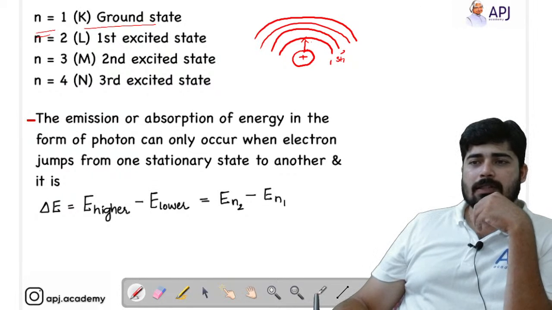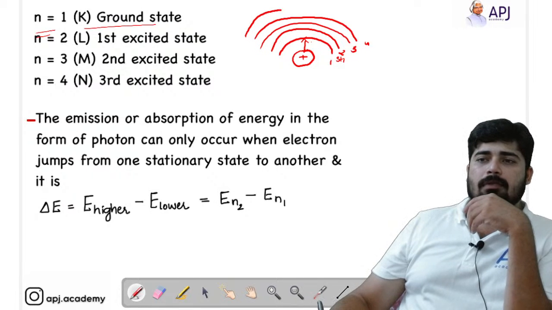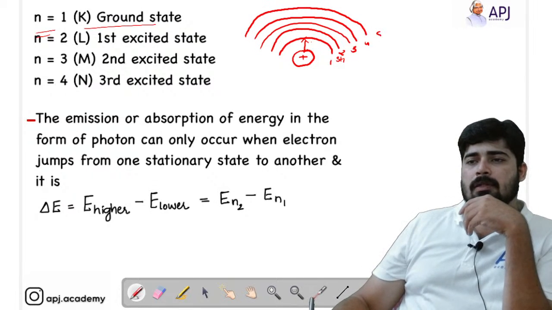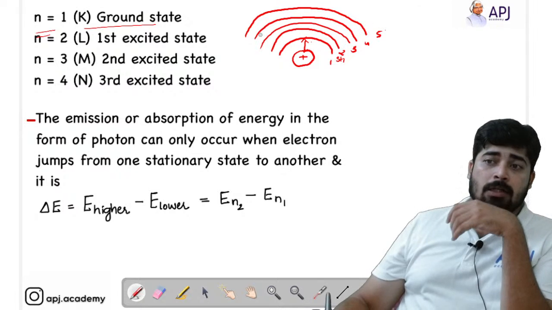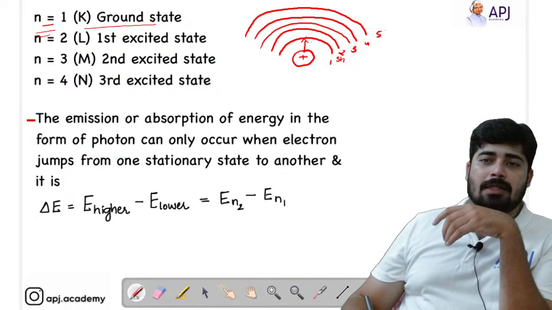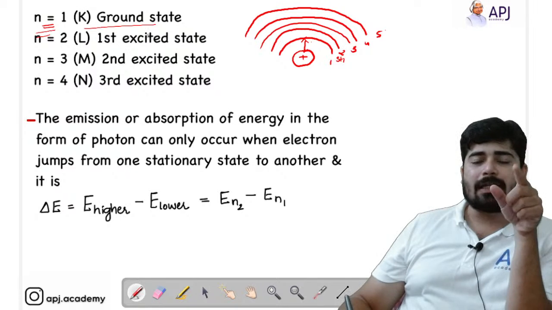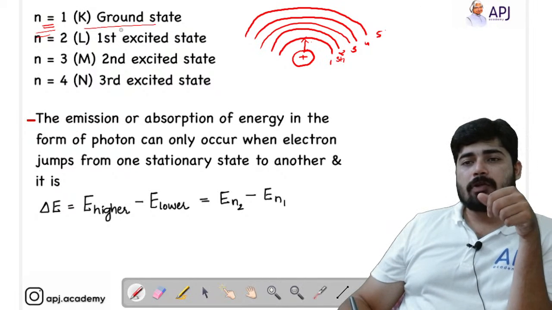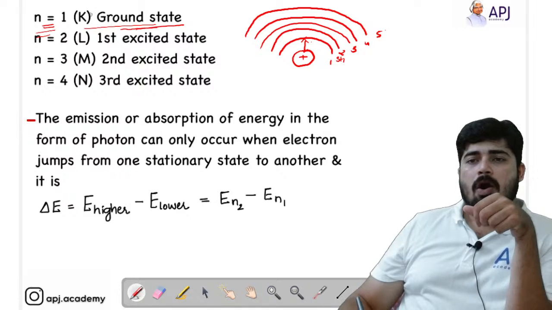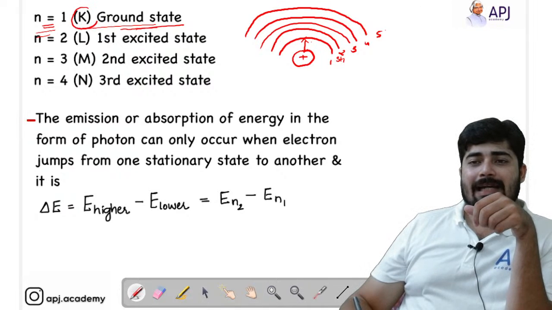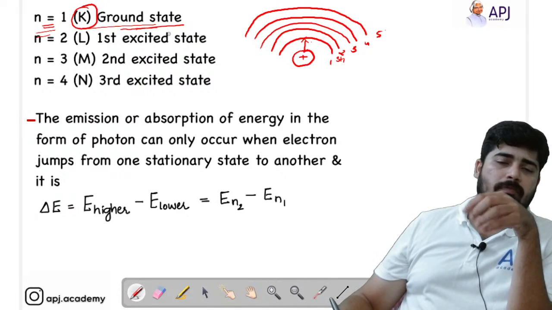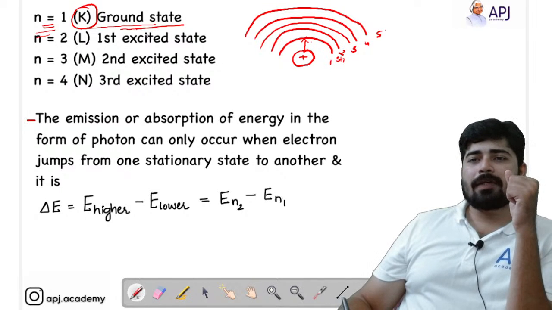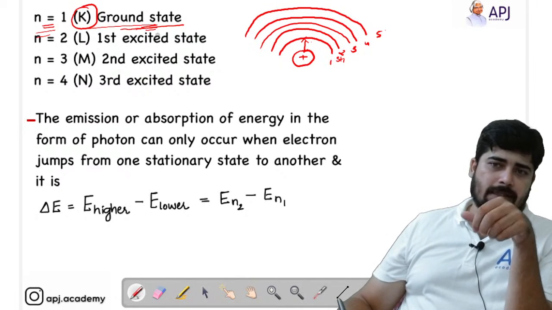So this is the first shell, this is second, this is third, this is fourth, then we have the fifth shell like this. So if n equals 1, that is representing the first shell, and the first shell can also be called the K shell, or we can represent it as the ground state.